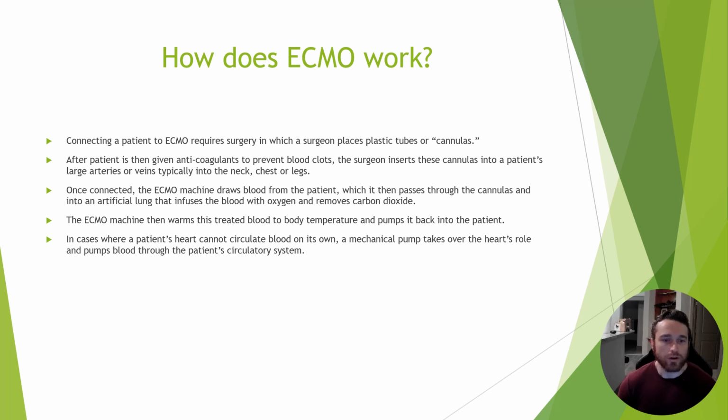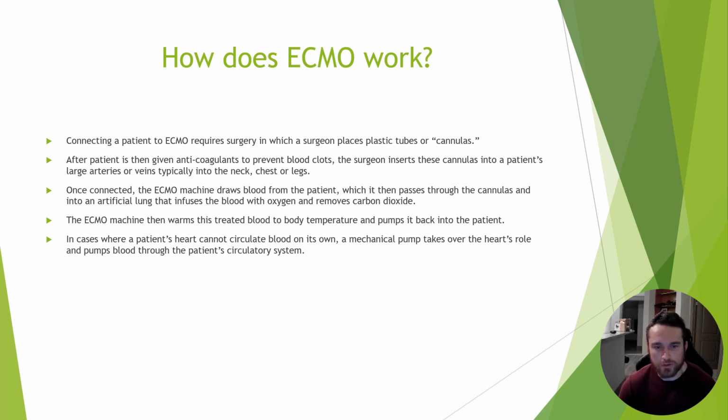So how does ECMO work? Connecting a patient to ECMO requires surgery, in which a surgeon places plastic tubes or cannulas. After the patient is given anticoagulants to prevent blood clots, the surgeon inserts these cannulas into a patient's large arteries or veins, typically in the neck, chest, or legs.